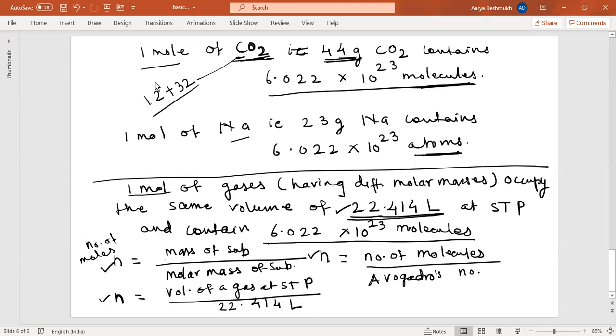These equations are of great importance when you are expected to solve problems: the conversion of mass of the substance into moles, number of molecules into moles, and volume of the gas into moles. This 22.414 liters is called the molar volume.